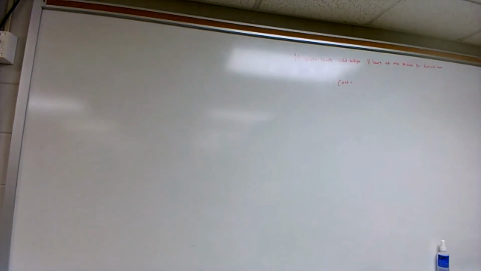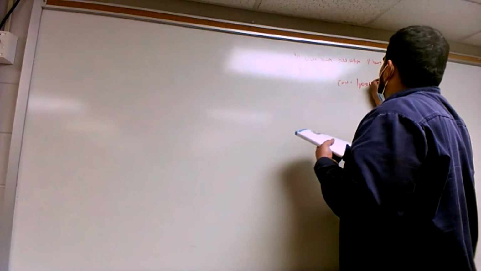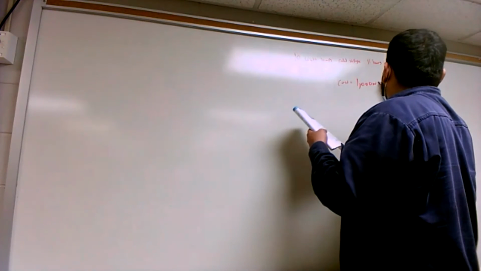Each bulb is 100 watts apiece, but you have 10 bulbs. So it's going to be 10 times 100. 1,000. That's right. And put a W beside that for watts.